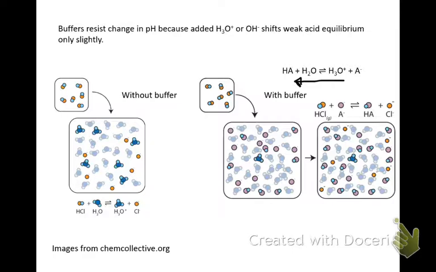And in so doing, that used up most of the added H3O+. So the result is that the pH, which you remember is the negative log of the H3O+ concentration, doesn't really change. So the pH stays the same, because that added H3O+ has something to react with.